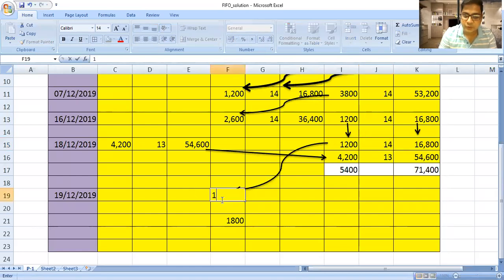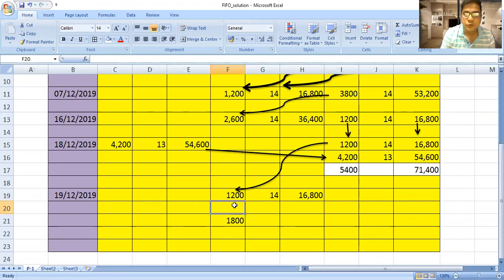So 1,200, their rate is 14. These things you have to keep in mind. So the value is 16,800.